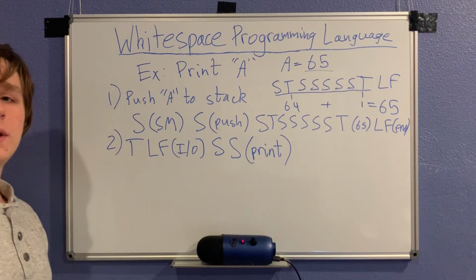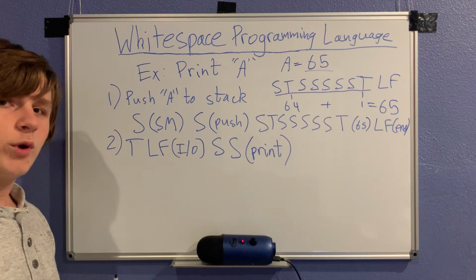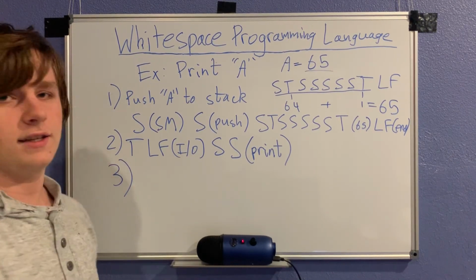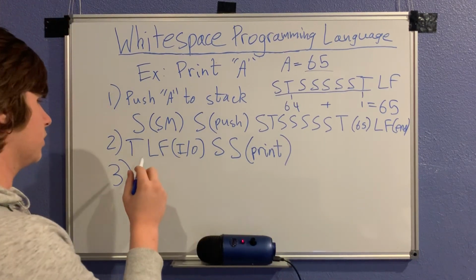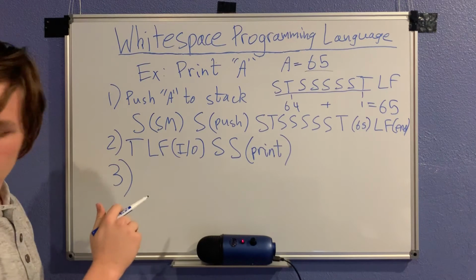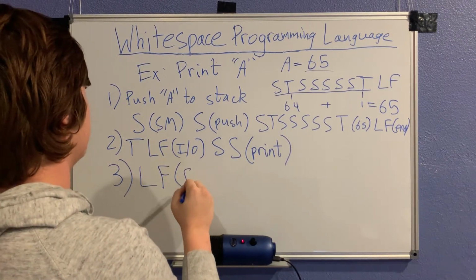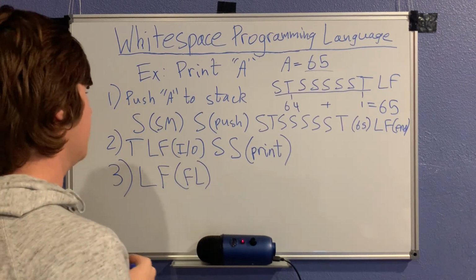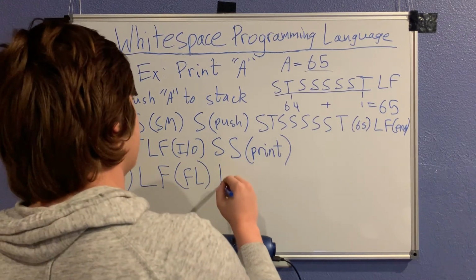And we actually could be done here, but just to kind of solidify the program, it's always nice to actually end it. And so we use the flow control, which is just, what was it? It was line feed, which is flow control, LFFL, and then the command to actually end the program is just line feed, line feed.